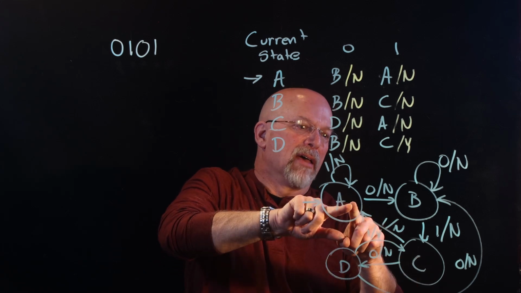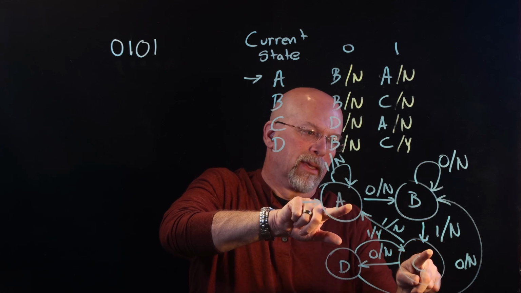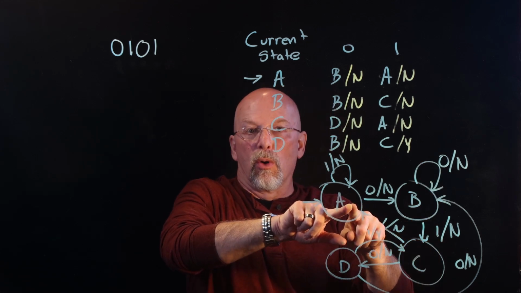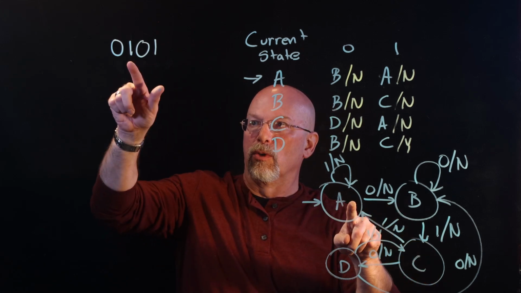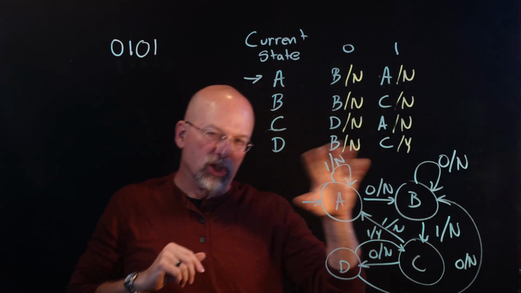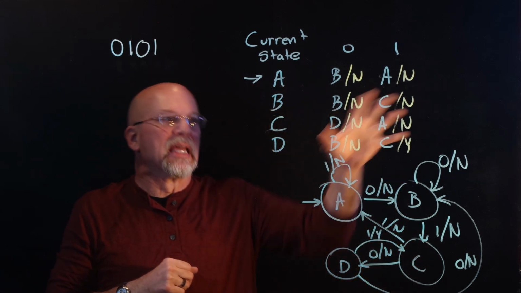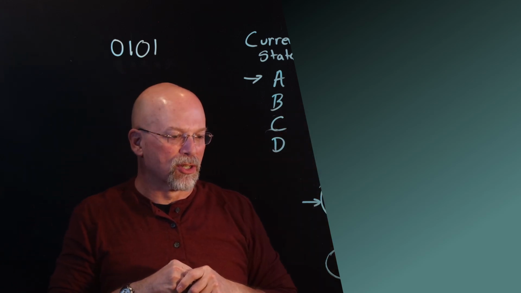All right. If I keep getting 0s, I'm going to stay in state B until I get a 1. If I get a 0, 1, 1, 0, 1, 1, which is not that pattern at all, it brings me back to the reset state. Looks good. You take a look at this and tell me if that fits our original definition of the problem.